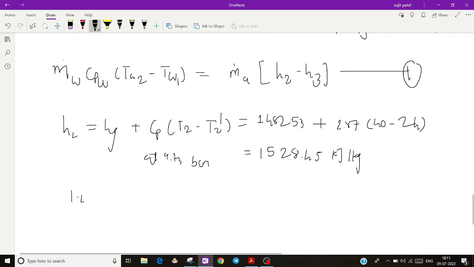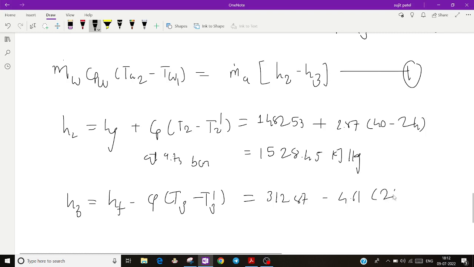Now H3 similarly, here it is subcooling. H3 is equal to Hf minus Cp into T3 dash minus T3. T3 dash and T2 dash will remain the same. Hf will be from the property table, that is 312.87 minus 4.61 into, sorry, here I have made one mistake, T3 dash minus T3, that is 24, the saturation temperature, minus the subcooled temperature, 17 degrees Celsius.